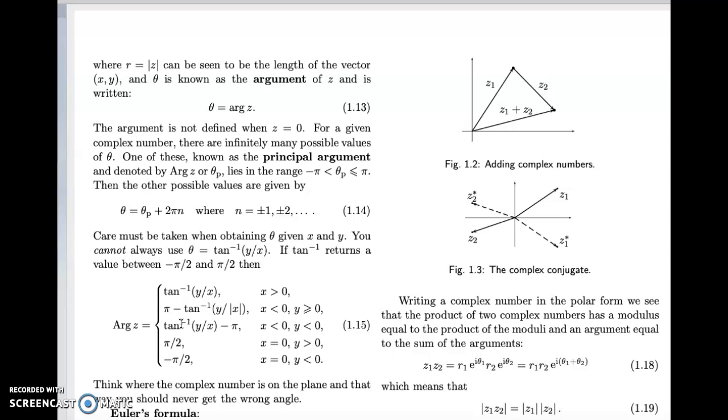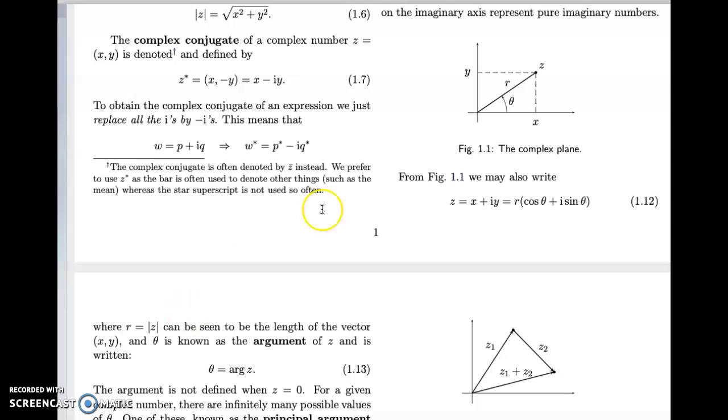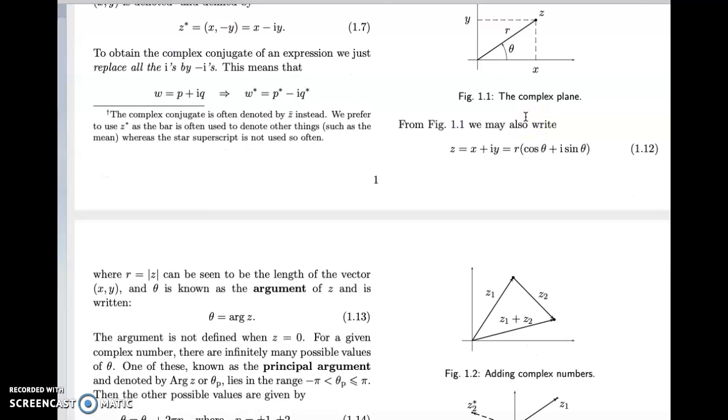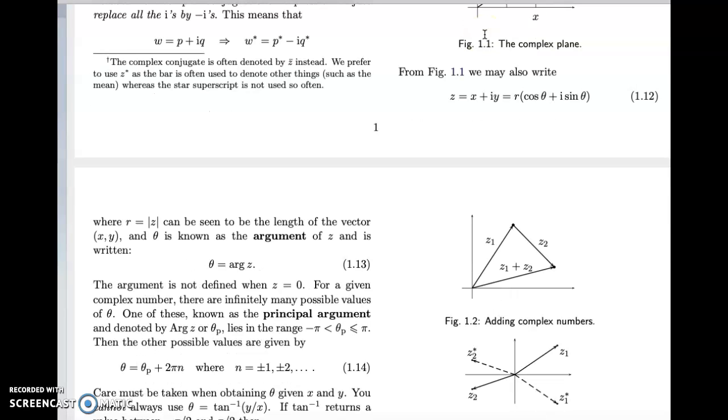Now, the thing you have to watch out for is that if I ask you to find theta in this case, you might just say, okay, it's inverse tan y over x. The problem with the inverse tan formula is that it always gives an answer. If you put inverse tan of something in your calculator, you always get an answer between plus 90 degrees and minus 90 degrees, or between plus pi by 2 and minus pi by 2.